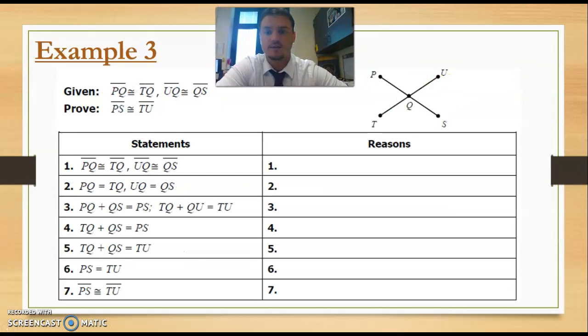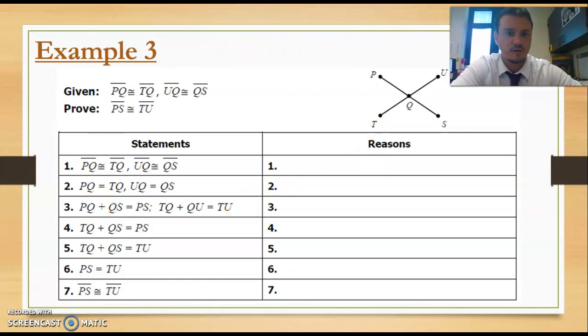Example 3 here. So we have PQ congruent to TQ. Sometimes when performing these proofs, it is helpful to mark the congruency. So if PQ is congruent to TQ, I can put little tick marks on these segments to show that they're congruent.